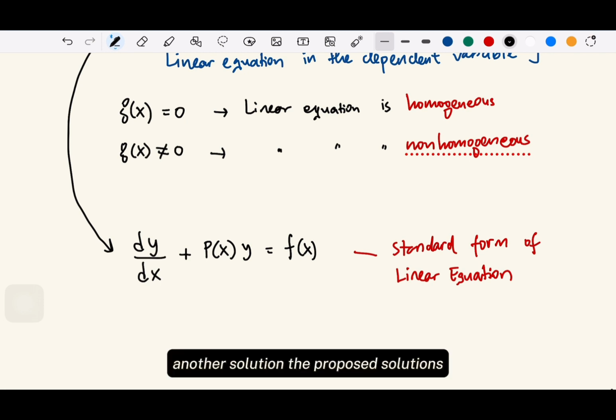And now the proposed solution has at least two main parts.